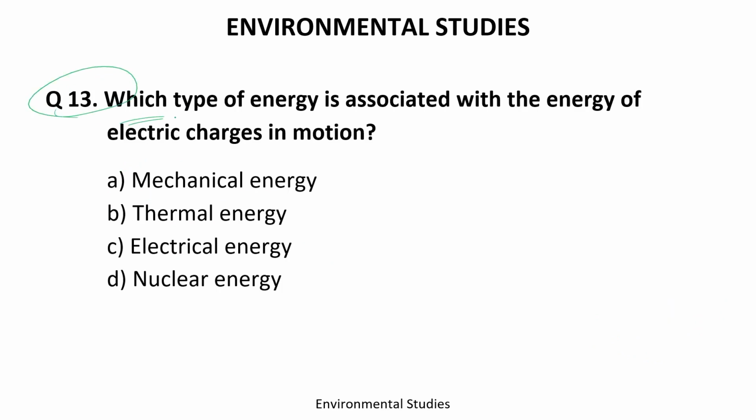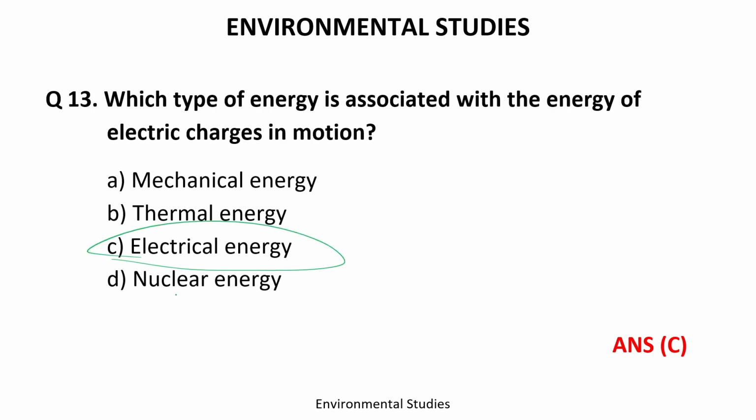Okay. Which type of energy is associated with the energy of electric charges in motion? Mechanical, thermal, electrical, nuclear. You have 20 seconds to think and answer. Your time starts now. Time's up.